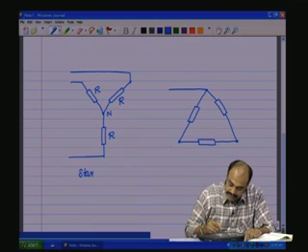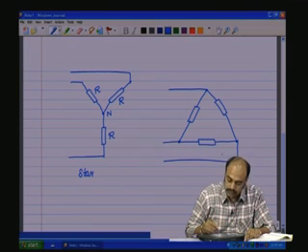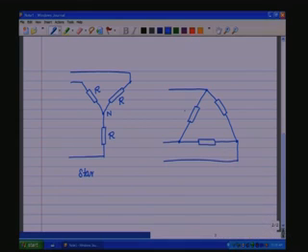And these points are brought out and connected to the sources. So, this is the delta circuit. Now, these two circuits have different voltage and current relationships, which we shall discuss in this coming class.